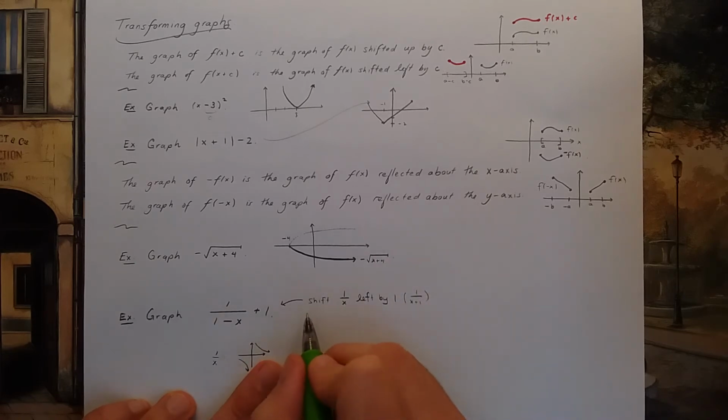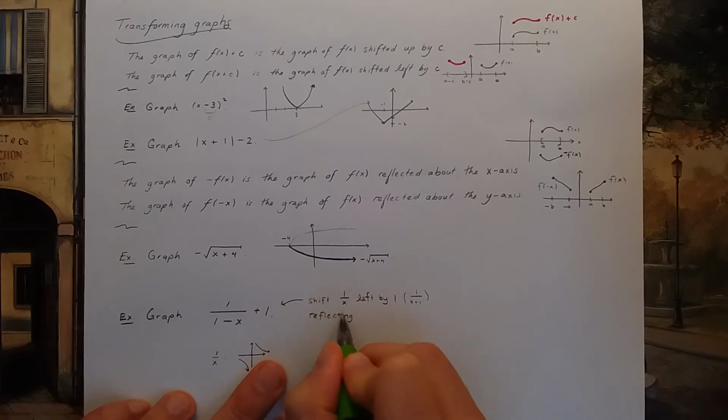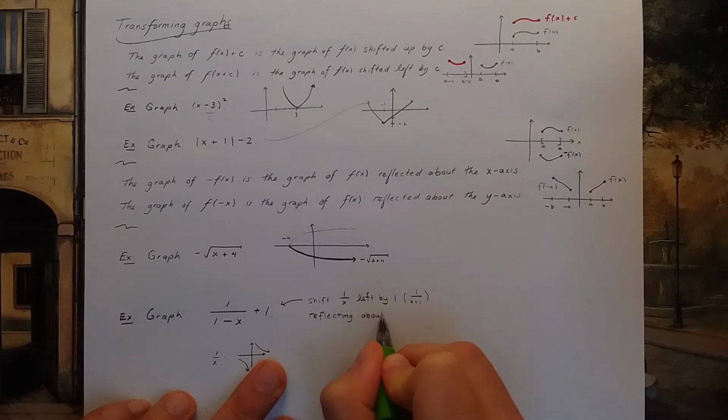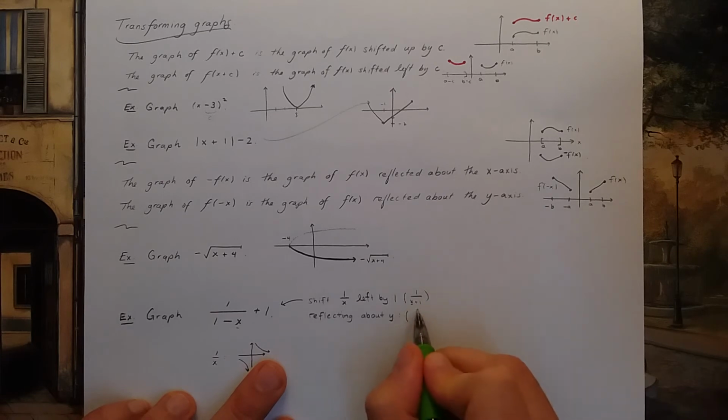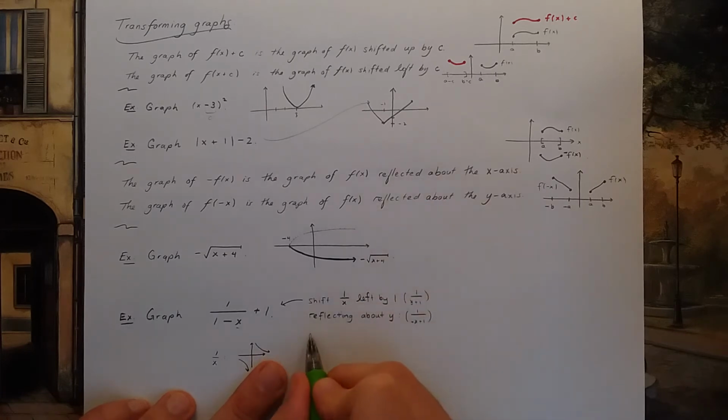Then I am reflecting about the y-axis because I'm replacing the x I see with negative x. So that would be 1 over negative x plus 1. And after I do those two moves, I'm shifting up by 1. That's this plus 1 here.